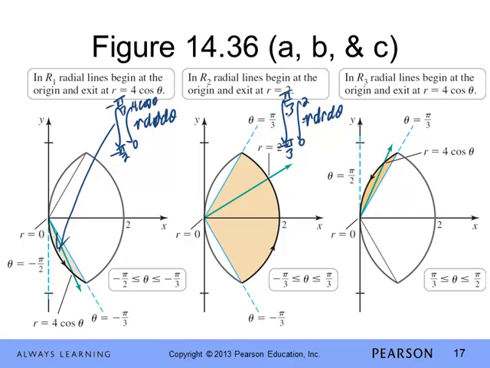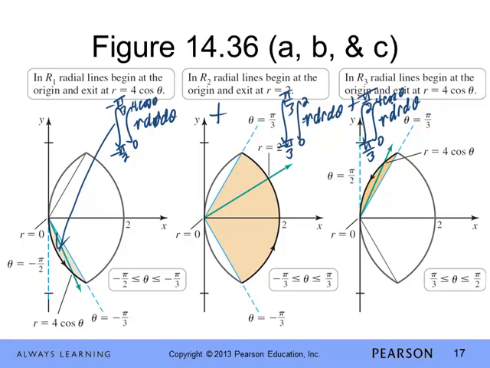And of course, for this last region you're integrating 4 cosine theta, on the interval from pi over 3 to pi over 2. So r goes from 0 to 4 cosine theta, and theta goes from pi over 3 to pi over 2. Okay? And then you just add them all up.